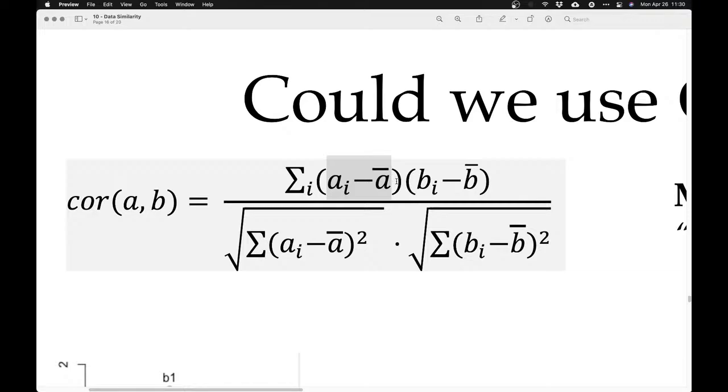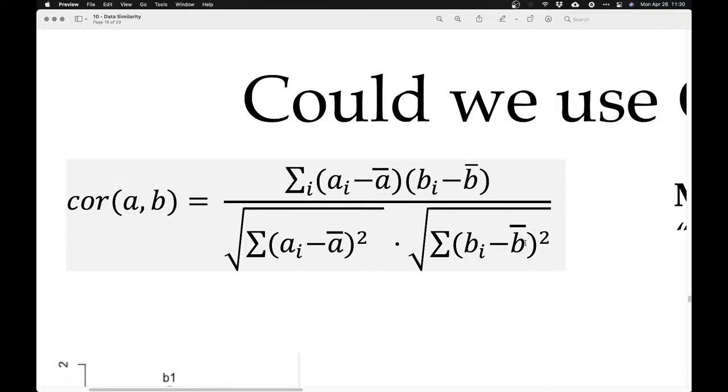Mean centering. It's mean centered. It's vector A mean centered times vector B mean centered divided by the magnitude of vector A mean centered times the magnitude of vector B mean centered. In fact, correlation is just a mean centered version of cosine. That's all it is. All right.